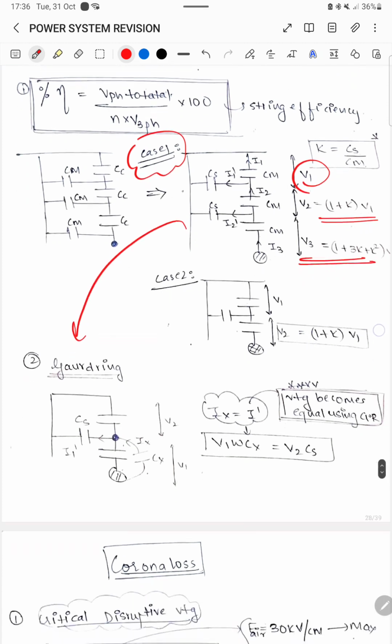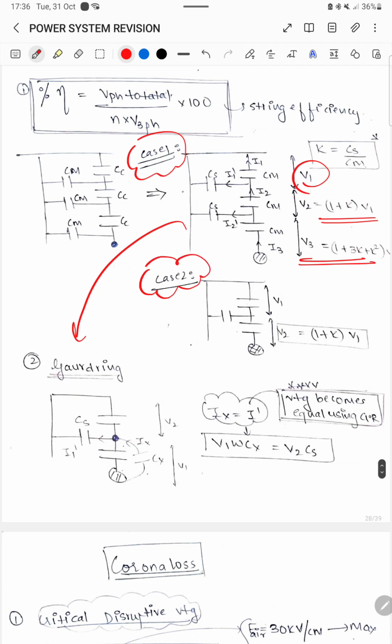But before moving to guard ring, we'll see the second case also, wherein there is only V1 and V2. When V1 and V2 are there, V2 is always equal to 1 plus k V1.